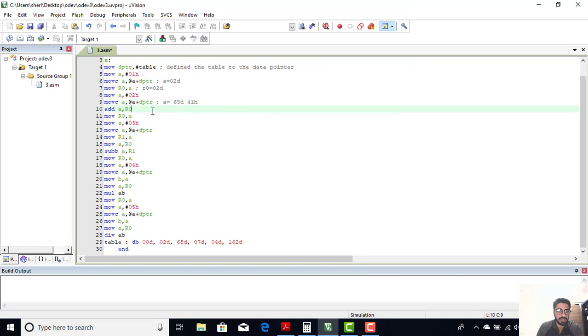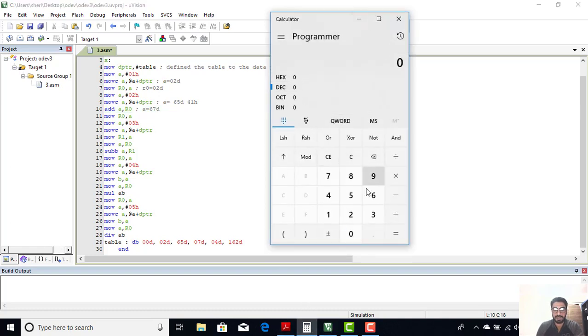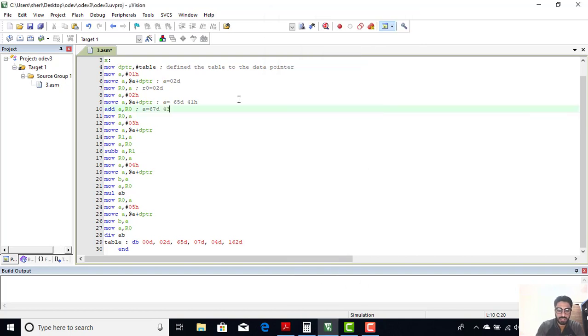So let's add now A to R0, which is now 2 decimal, to the 65 decimal, so A equals 67 decimal, which means 43 hex.